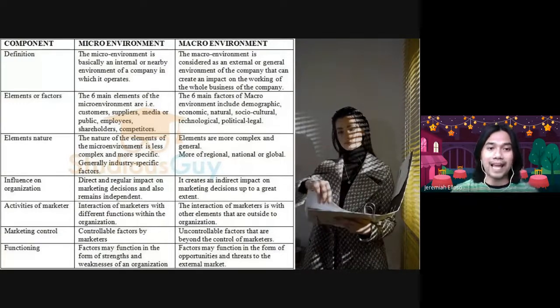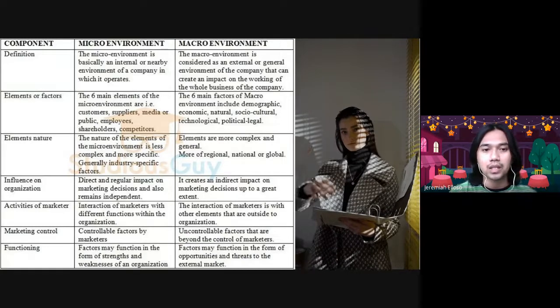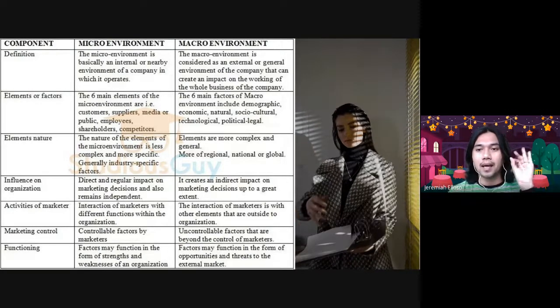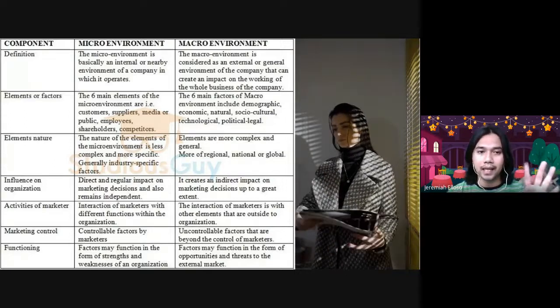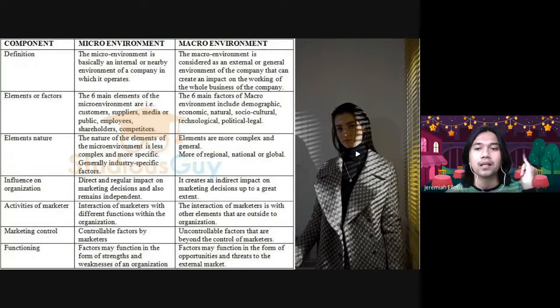In terms of the elements, the micro environment is composed of customers, suppliers, media, public, employees or shareholders, and competitors. So those are the 6 elements. And we will actually go into the details of those elements later.